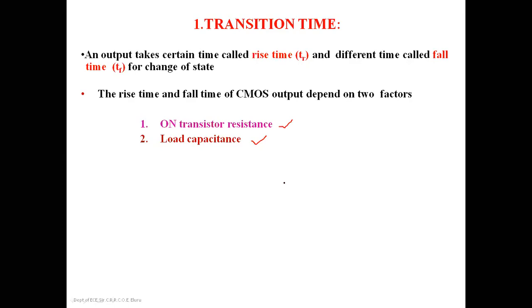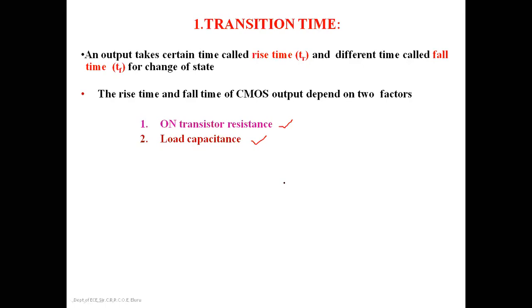Now we are discussing the transition time, which is the time required to change the output from one state to another. In the transition we have two time periods, the rise time and the fall time. The rise time is the time required by the output to change state from 0 to 1, and the fall time is the time required by the output of the circuit to change state from 1 to 0.